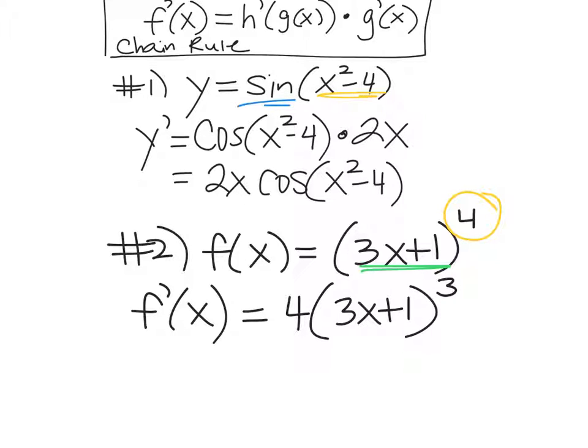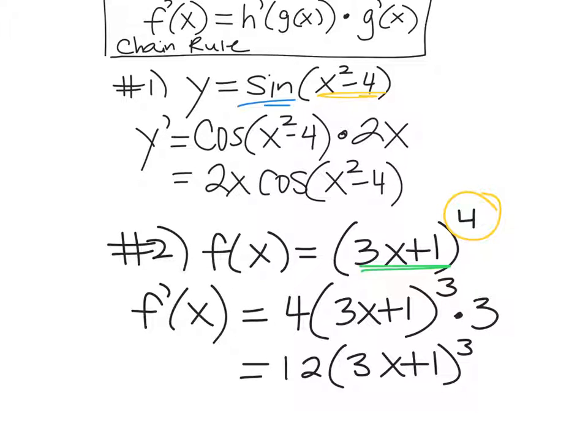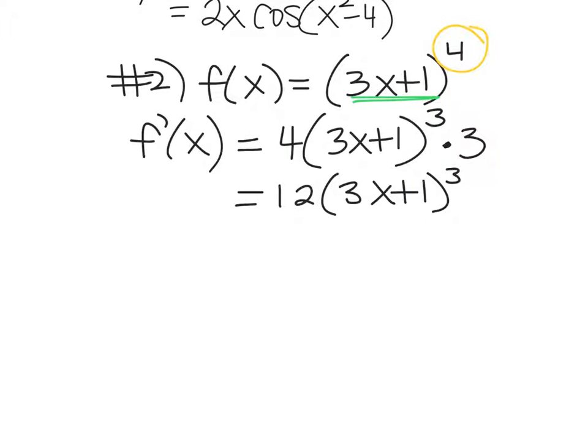So far so good? Then times the derivative of the inside, 3. Derivative of 3x plus 1 is simply 3. So our answer would be 12 times 3x plus 1 cubed. You don't need to cube that out and distribute the 12, and you're done. And that's it. Chain rule is a beautiful thing.